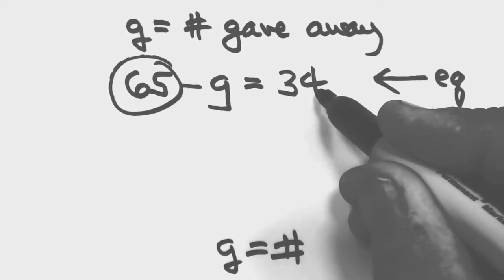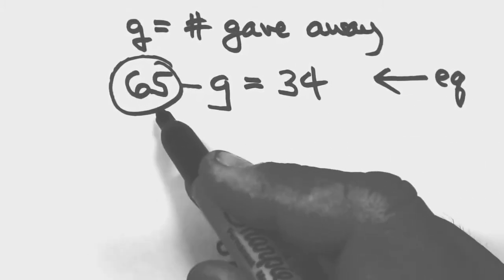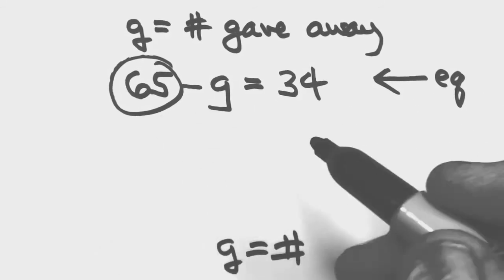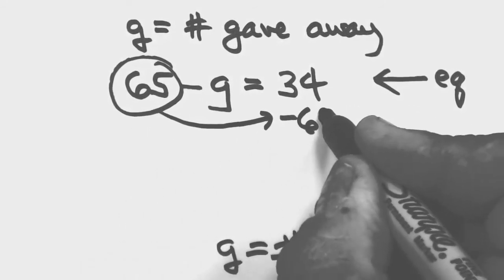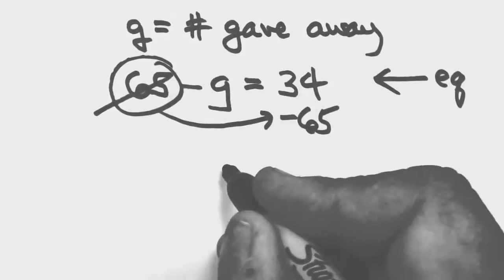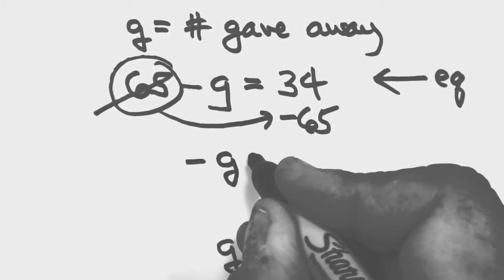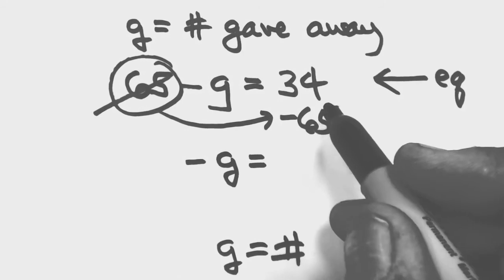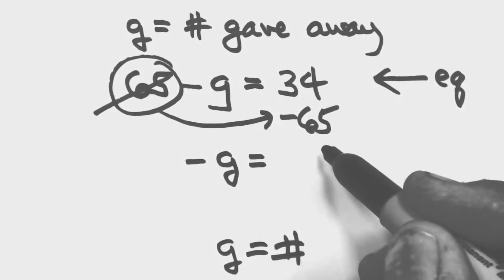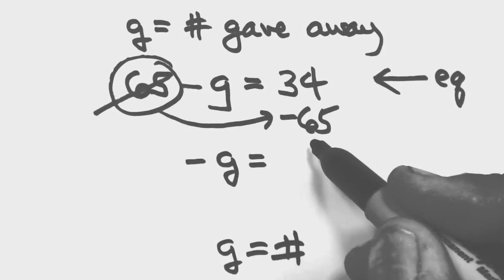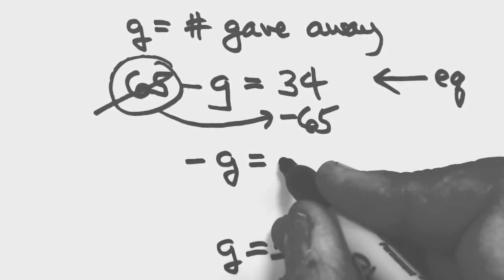Numbers are okay on the right, so the 34 is okay. So this is the only guy that has to move. He's plus 65, so he comes over as negative 65. So I've got negative G equals, and here we are, 34 minus 65. Well, I think negative's going to win by, what is it, 31?